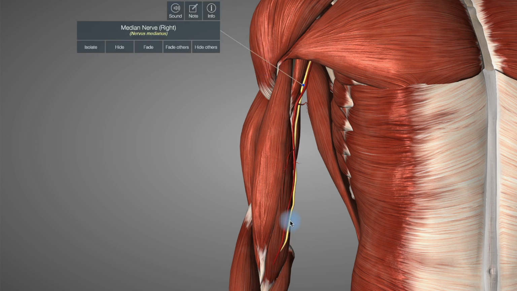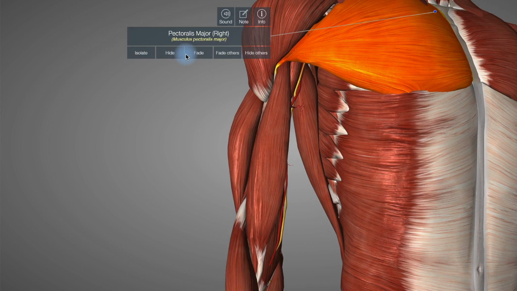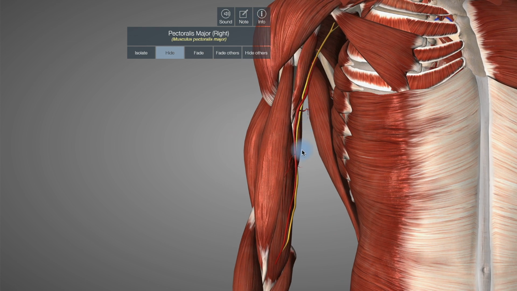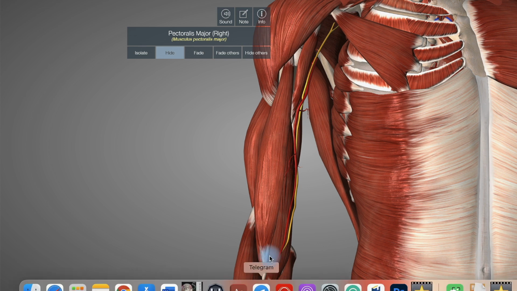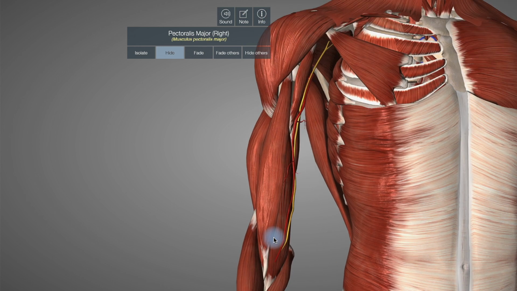And then we have this median nerve. The median nerve comes from the brachial plexus, which is here in the axilla, and it extends to the cubital fossa and then goes underneath the pronator teres to reach the forearm and eventually the hand.